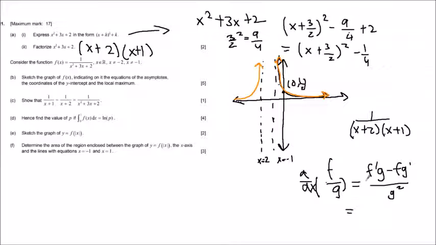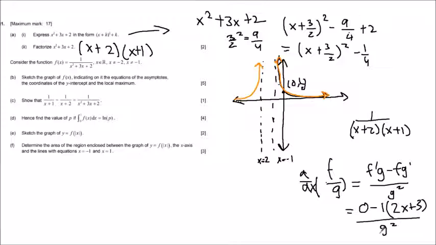So f prime is 0, then minus f g prime: f is just 1, and g prime is the derivative of x squared plus 3x plus 2, which is 2x plus 3. And then that's over g squared.